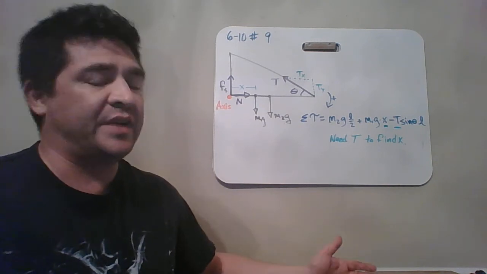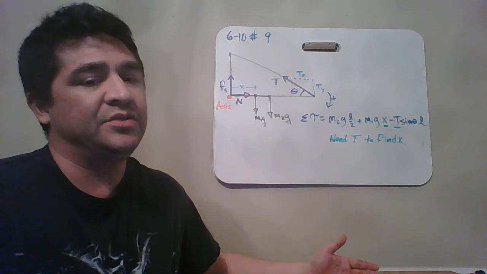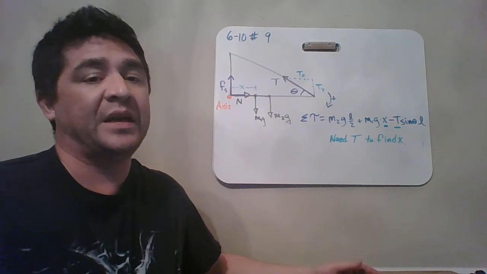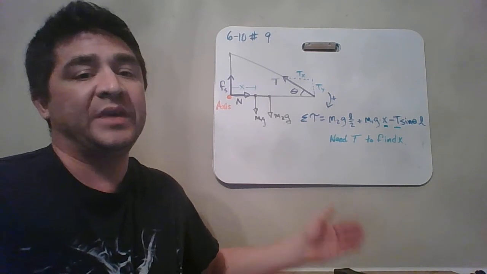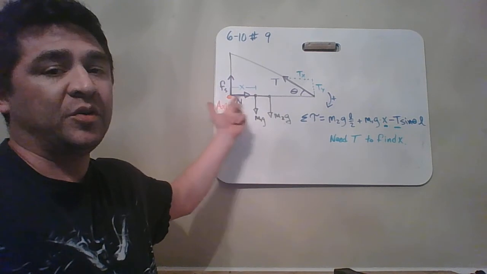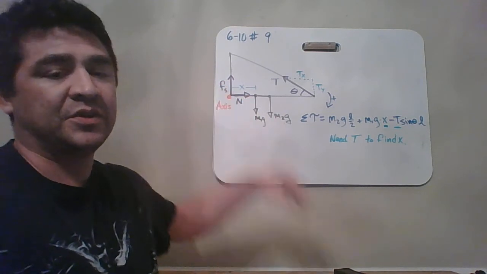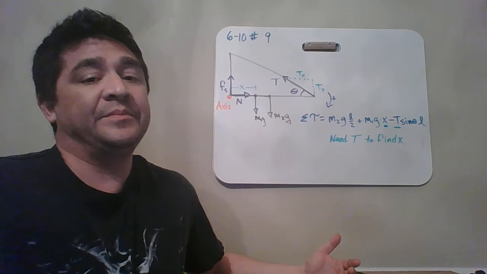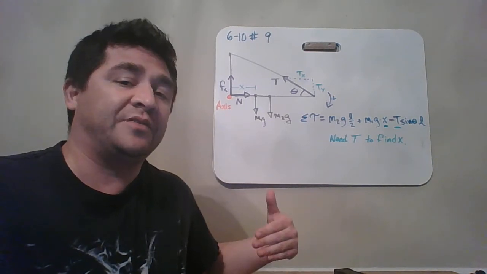First thing, I always write my torque equation first because usually that's a good place to start. It eliminates variables, makes the math a little bit easier. So picking my axis of rotation to be the point of contact with the wall, I got my normal force here and my static frictional force here. I don't know either of those. If I knew the normal force, I could figure out the static friction because mu normal.